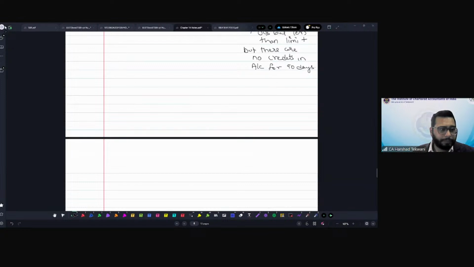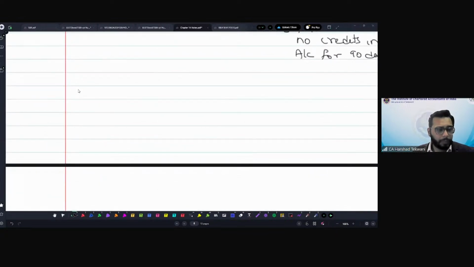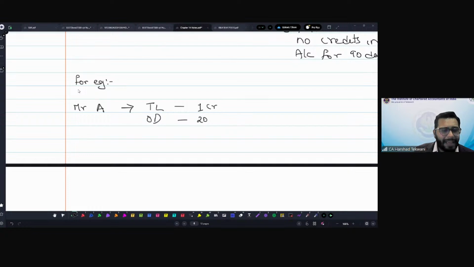For example, Mr. A has a term loan of 1 crore, an overdraft of, let's say, 20 lakhs, and some other loan or other facility of rupees 10 lakhs.